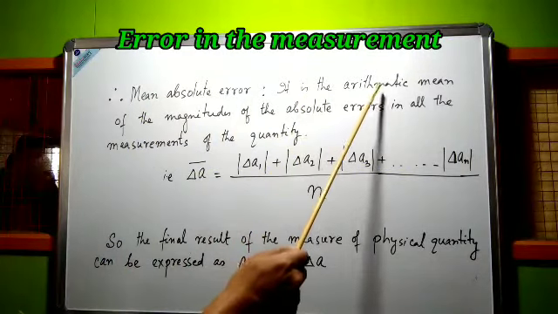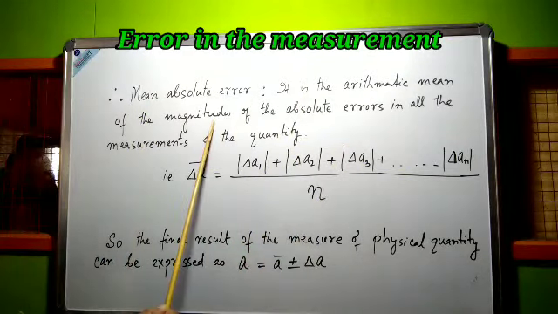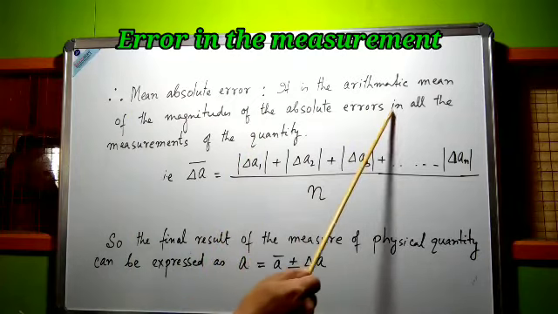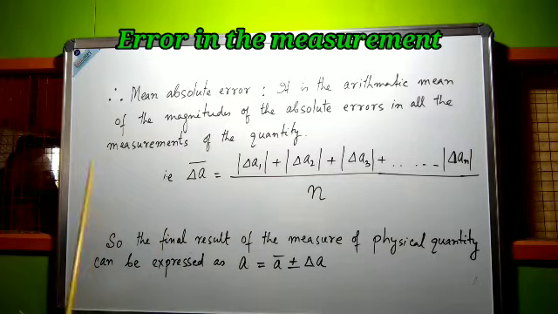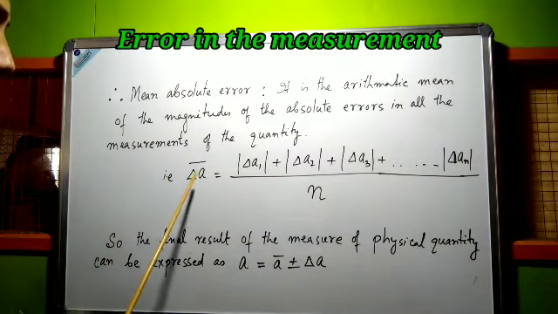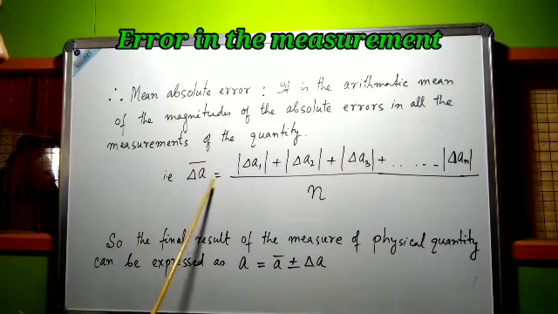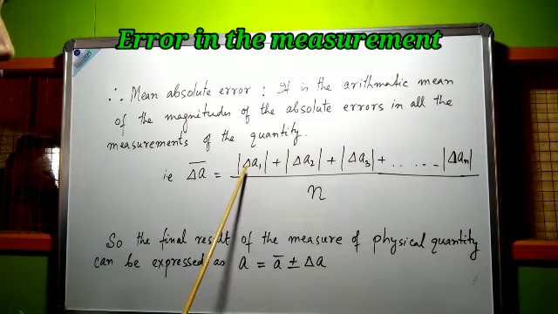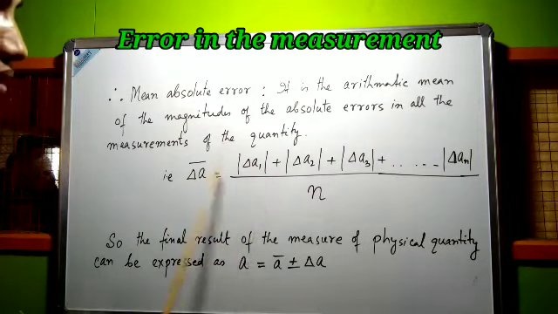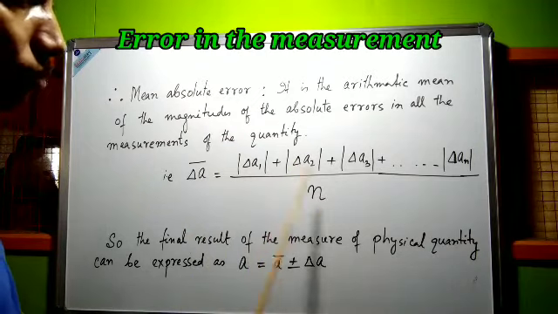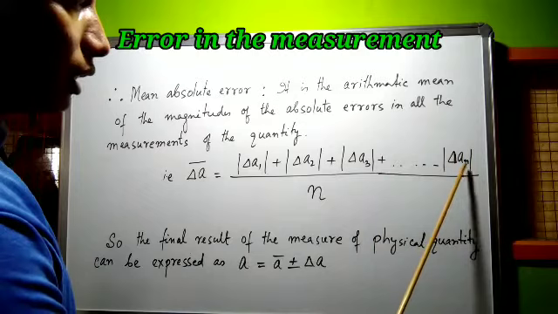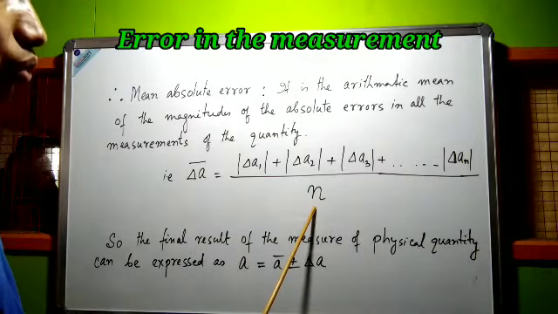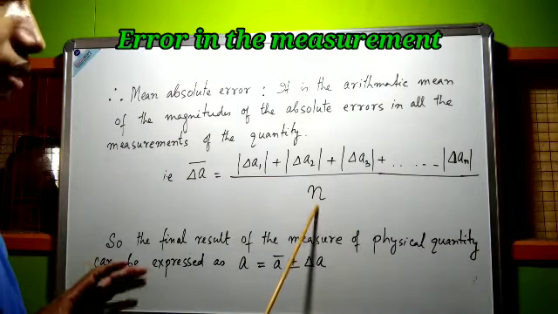It is the arithmetic mean of the magnitudes of the absolute errors in all the measurements of the quantity, and generally it is denoted by delta a bar. It should be equal to the absolute value of delta a1, that is absolute error in a1, plus absolute error in a2, plus absolute error in a3, plus up to absolute error in an, divided by the total number of measured values, that is small n.